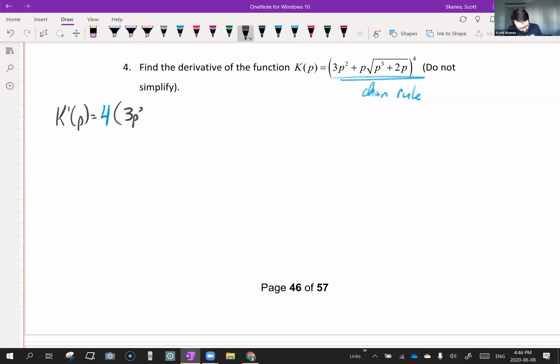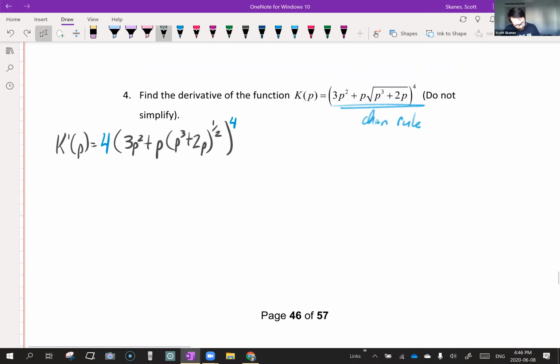So the inside stays the same. I'm going to rewrite the inside, to the power of 4. All right, I've rewritten the inside. I rewrote this as this. That's not new. We saw that before. Okay, and I kept the inside the same.